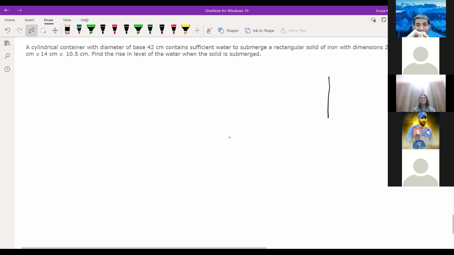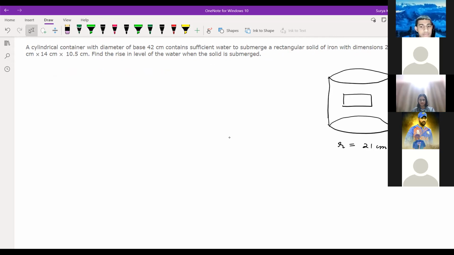Cylindrical container. Here this is a cylindrical container like this. The diameter is given, which means the radius of the base is 21 centimeter. Again, sufficient water to submerge a rectangular solid. One rectangular solid will get submerged into this.